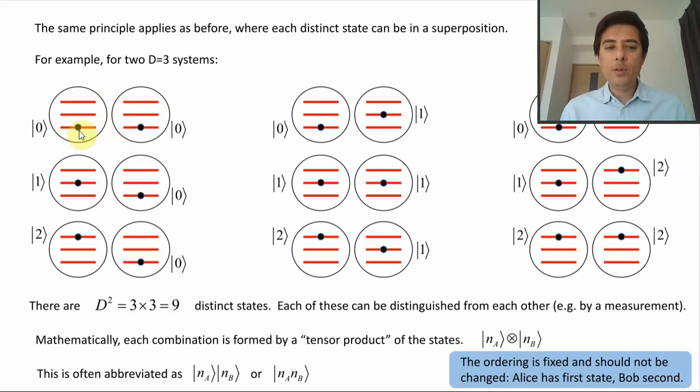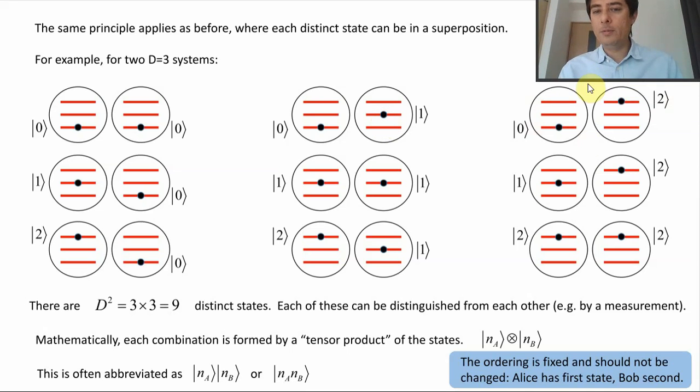If both Alice's and Bob's systems are in state 0, that's one distinct state of the whole system. Likewise, if Bob's state was 1 and Alice's was 0, that is different in a global sense. This pair of states is certainly different to the previous one because Bob's state is different. So we can immediately say that's a different state.